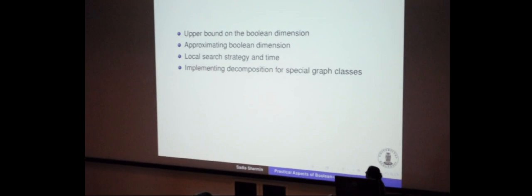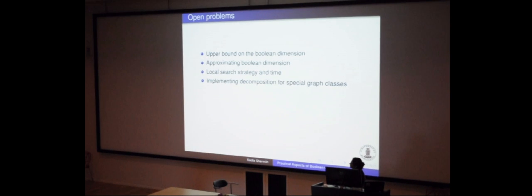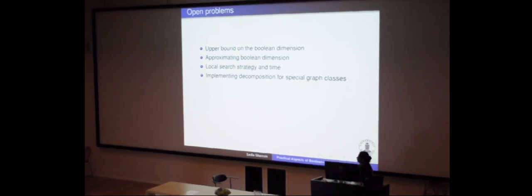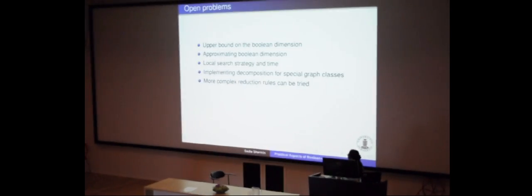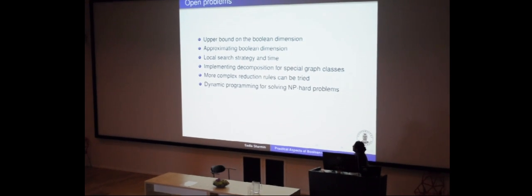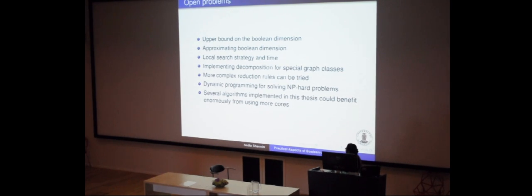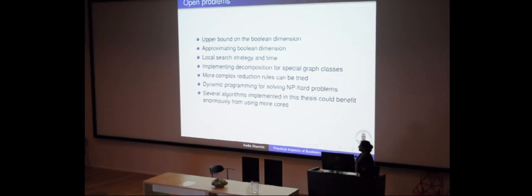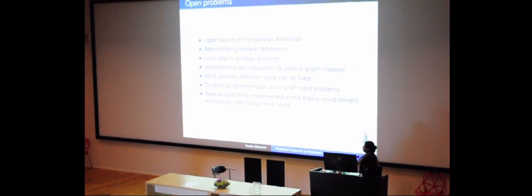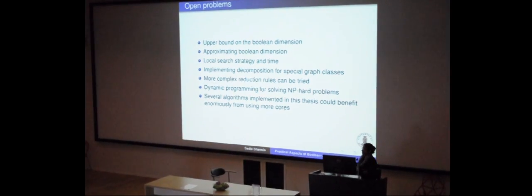We can also modify infinite independent sets for special graph classes with a good idea of how to construct a generator. More complex reduction tests can be used, and dynamic programming for other problems can also be tried. Several algorithms that we tried can also be parallelized. So that's it.